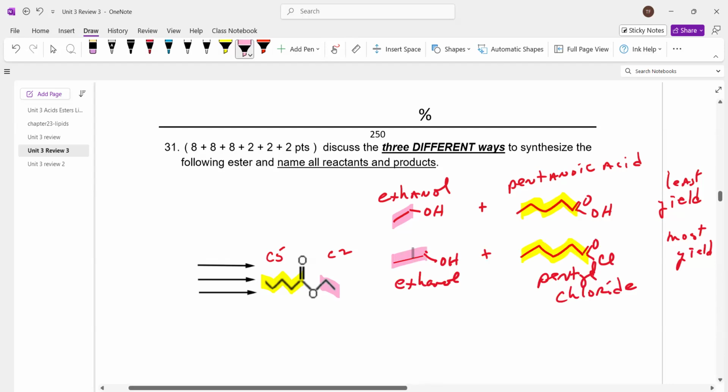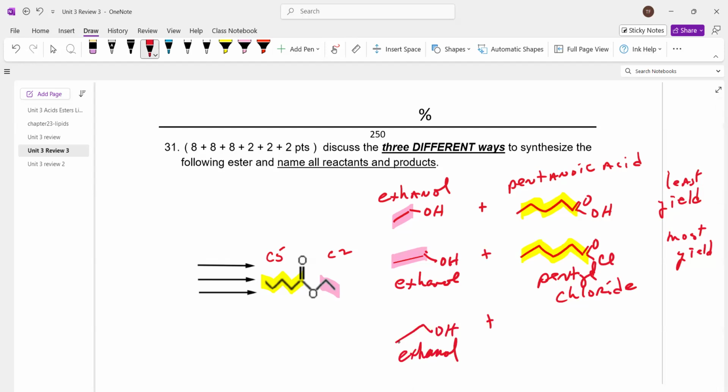Okay, and then the most common method is using the anhydride. Same alcohol. Remember, an anhydride is, think of it as 2 esters together. So one side is 1, 2, 3, 4, 5.